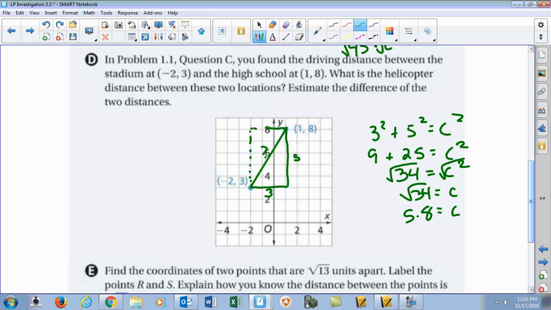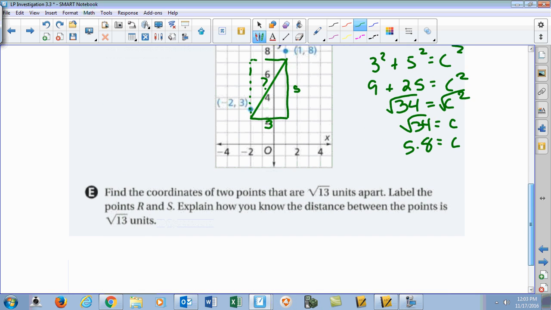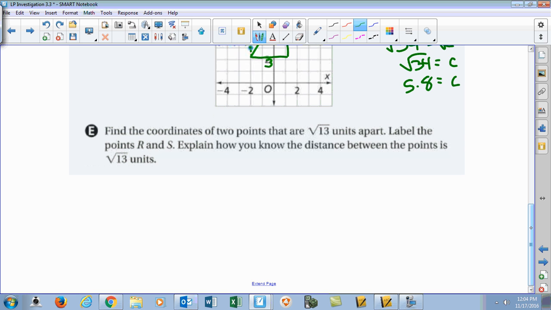All right, so we're going to try to put this all together with the last thing that we're going to do today. So it says, find the coordinates of 2 points that are the square root of 13 units apart. Okay, so to kind of get an idea what that is, right? If I were to give you 2 points, one here and one, I don't know. So they basically want this distance to be the square root of 13.